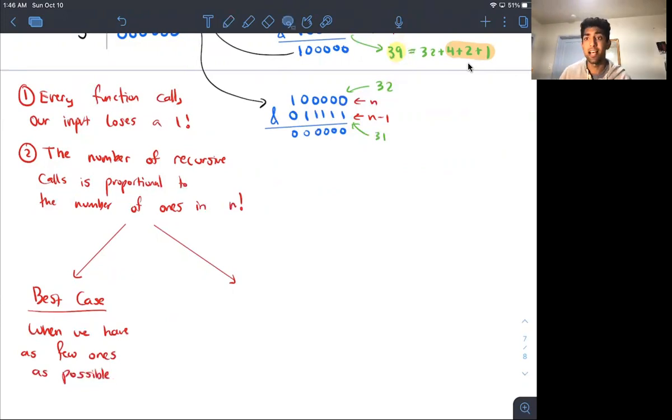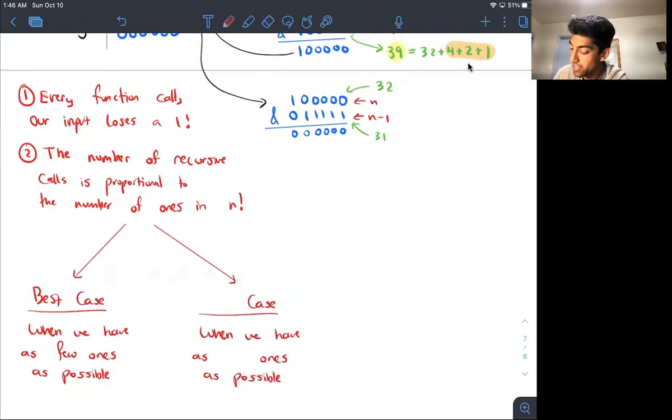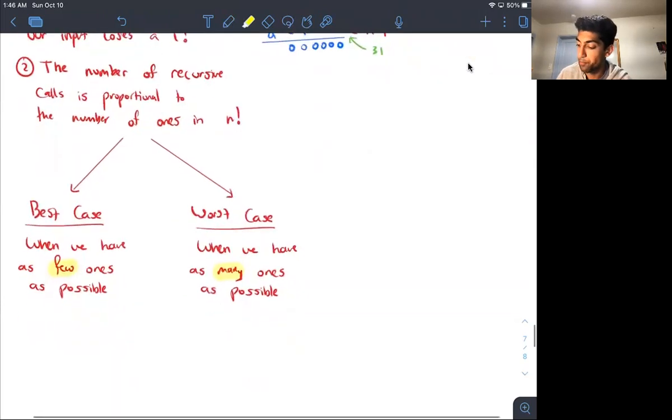And when we're looking at the worst case, it's the opposite. It's when we have as many ones as possible, right? In the best case, we have as few ones as possible so that we don't do many recursive calls. In the worst case, we have as many ones as possible, so we do many recursive calls, right?